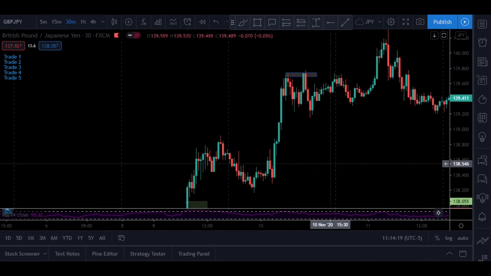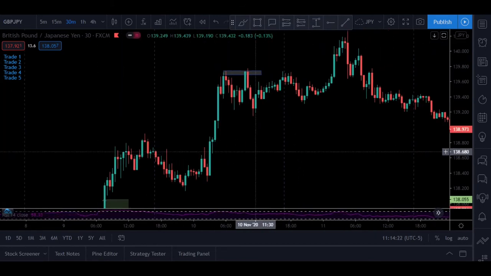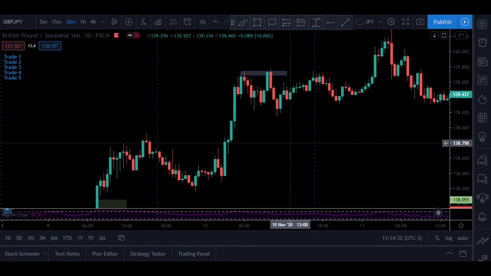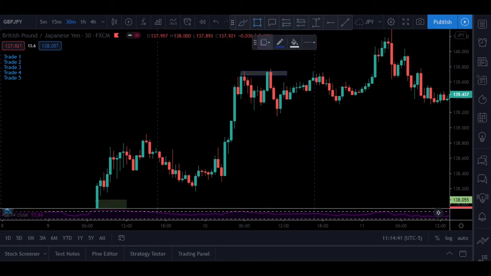We're gonna try to find some rejections or breakouts, because those are the setups that I always look for, breakouts or rejections. Here we have a double top. First of all, you have to identify that we are in a bullish trend. We are trending up.